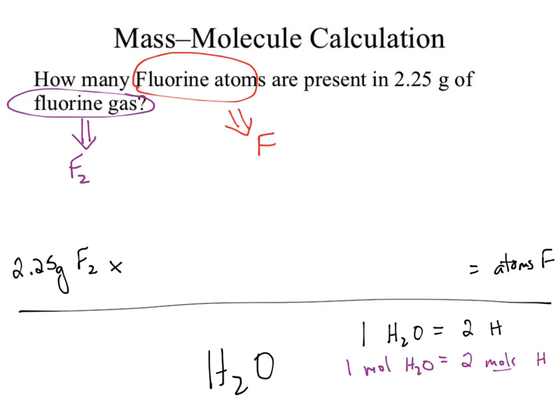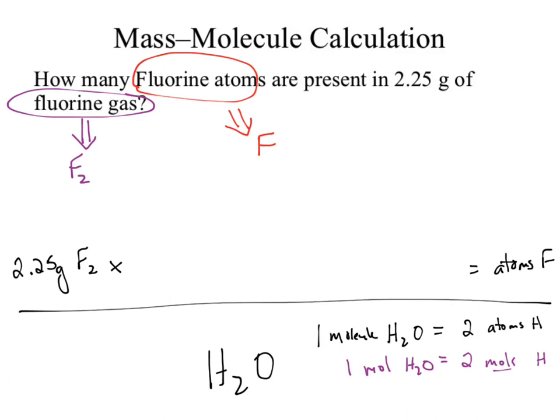It's equivalent. When we look at the black one that I wrote in here, what I said but didn't write was that in one molecule of water there are 2 atoms of hydrogen.